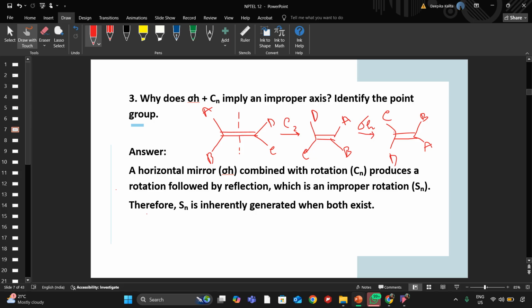Thus the combination sigma h plus Cn will be the same as the improper axis of rotation.